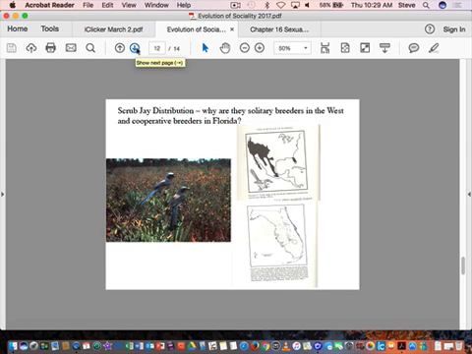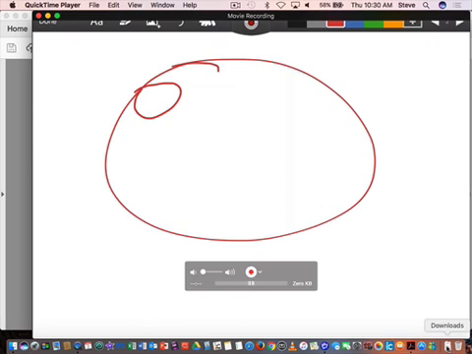So imagine this is the amount of scrub habitat available. And each one of these represents... There. Okay. So there's the habitat. Each one of the circles within it represents a breeding territory with helpers.